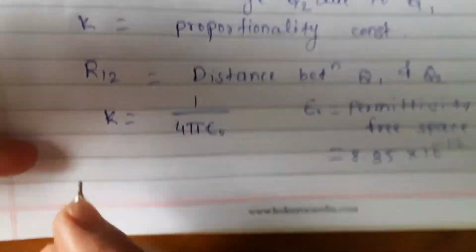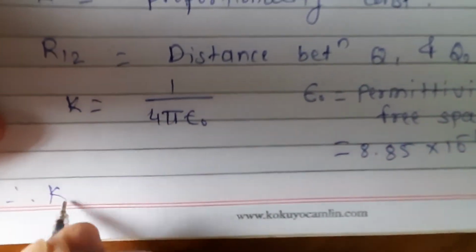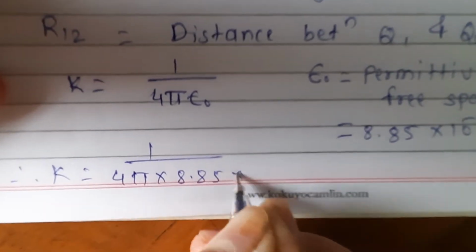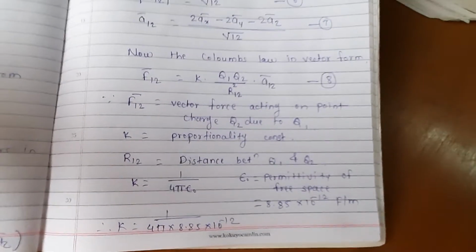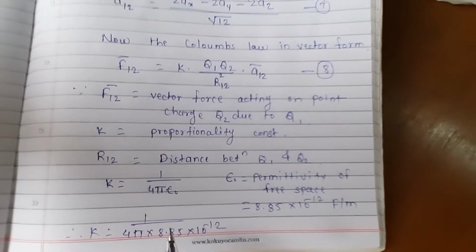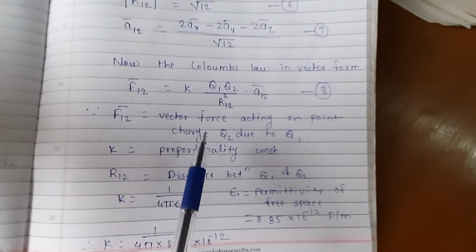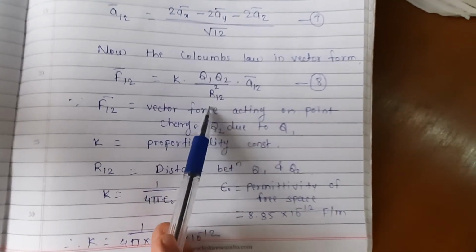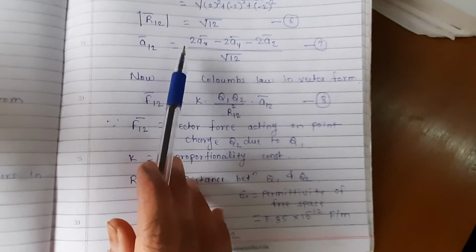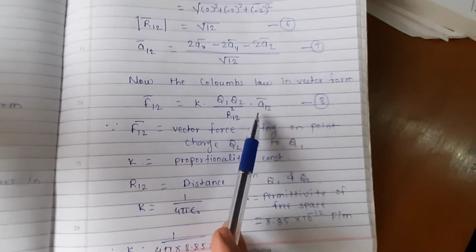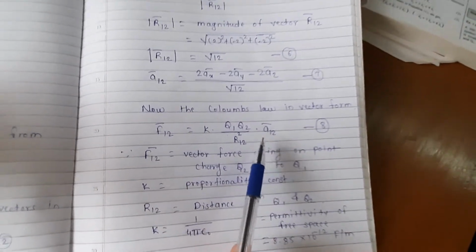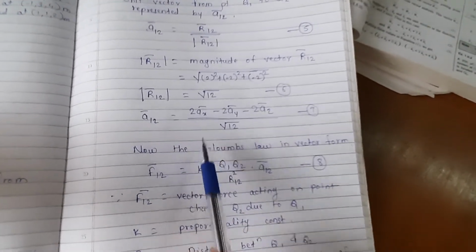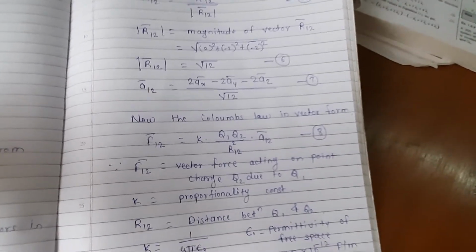So K is equal to 1 by 4 pi into 8.85 into 10 raised to minus 12. This is the proportionality constant. Q1 and Q2 are given in the problem. R12 is square root of 12. The unit vector a12 bar we already found. So we'll substitute all these values.